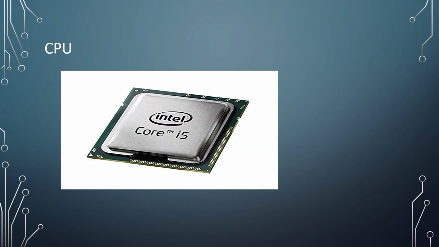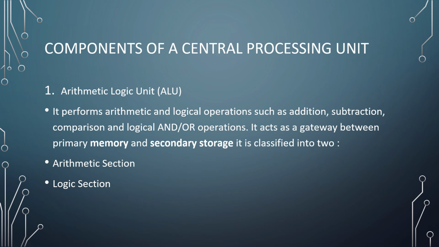This is an example of a CPU. There are many types of CPU, but I chose the Core i5, which is shown on the diagram. The next thing we'll be looking at is the components of the central processing unit. The first one is the arithmetic logic unit, the ALU for short.